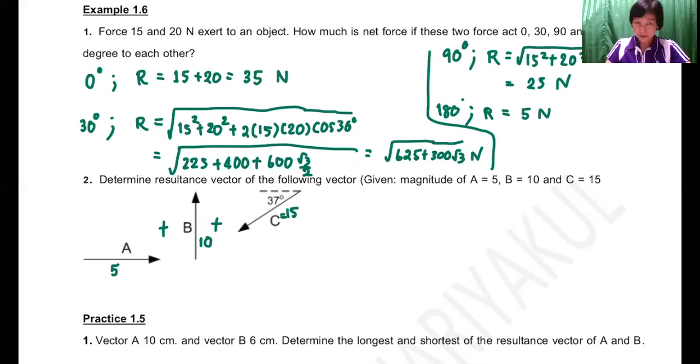First, you have to consider how many vectors are not on the x-axis or y-axis.